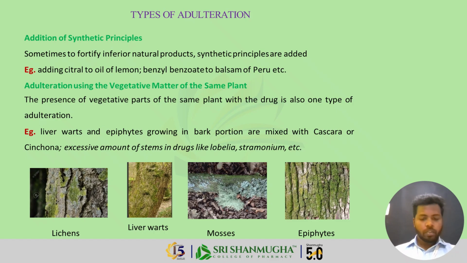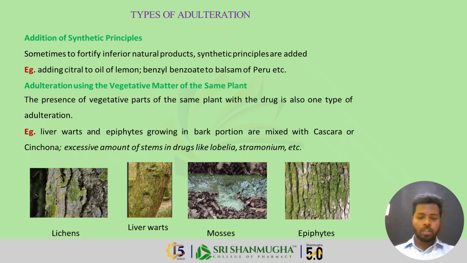Okay, so next is type 6, adulteration using vegetative matter of the same plant. Here parts of the same plant are used as an adulterant, but those parts have no medicinal value. Examples for this type of adulterants: stems mixed with leaves, wood mixed with barks, and mosses or epiphytes mixed with bark drugs.